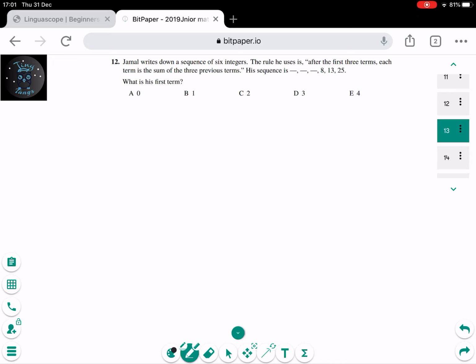In the last question we're going to do today, Jamal writes down a sequence of 6 integers, and the rule is after the first 3 terms, each term is the sum of the previous 3 terms.